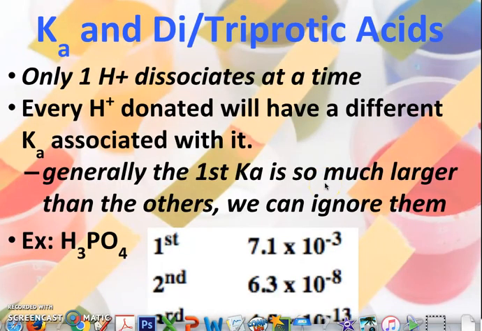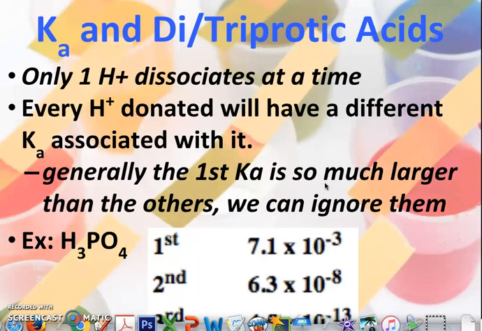Now with di or triprotic acids, we said before that only one hydrogen tends to come off at a time. Every H plus that comes off has a different Ka associated with it. Here's an example with phosphoric acid. The first Ka is pretty high, 7.1 times 10 to the negative third. Notice as you go to the second and then the third, we jump to times 10 to the negative 8th, times 10 to the negative 13th.